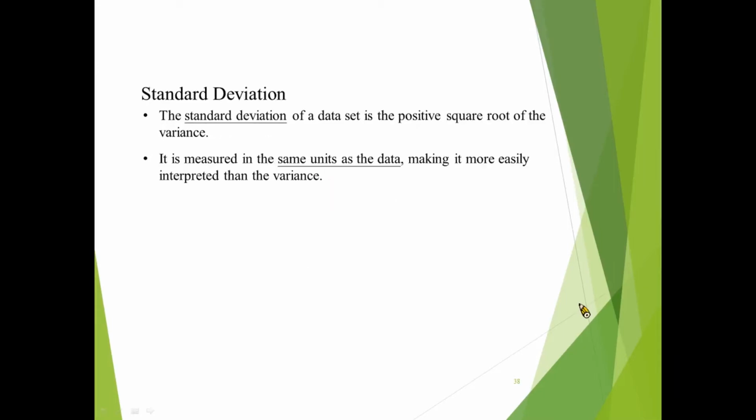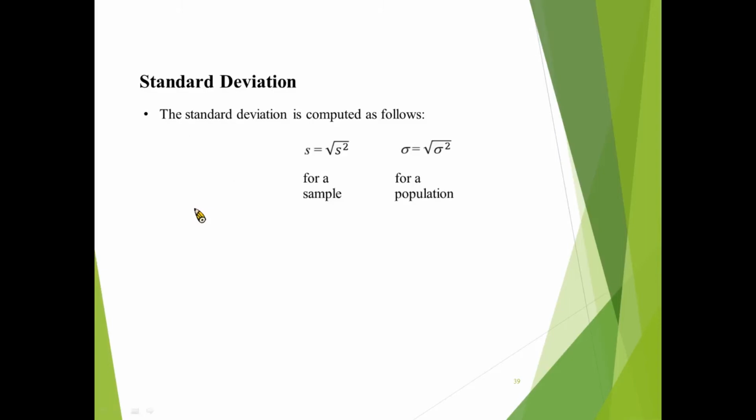Okay, the next one is standard deviation. The standard deviation of a data set is the positive square root of the variance, and it is in the same unit as the data, which makes it more easily interpreted than the variance. So the standard deviation is computed as follows.